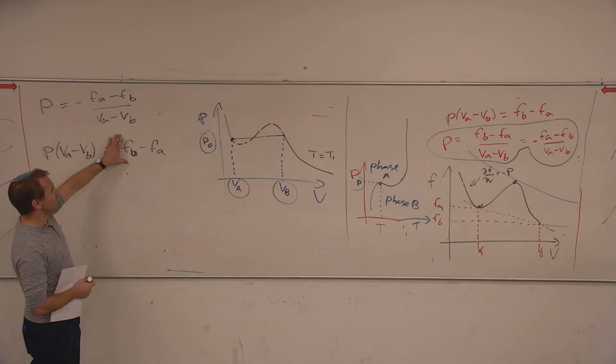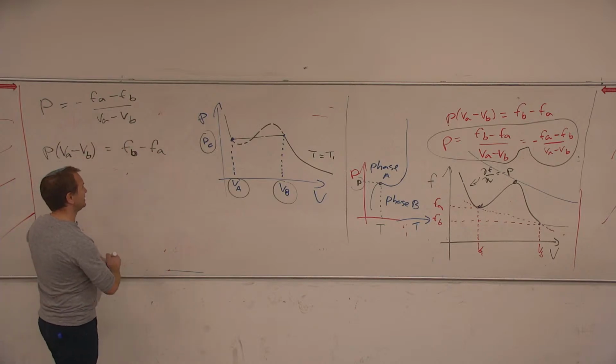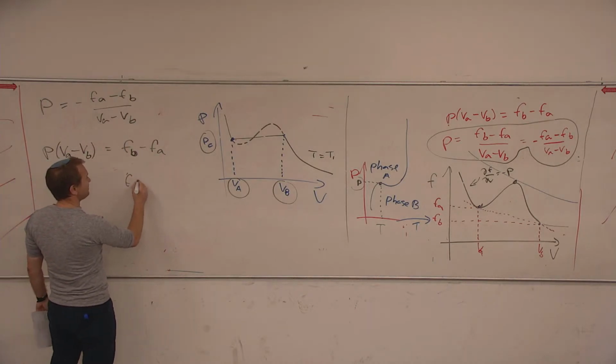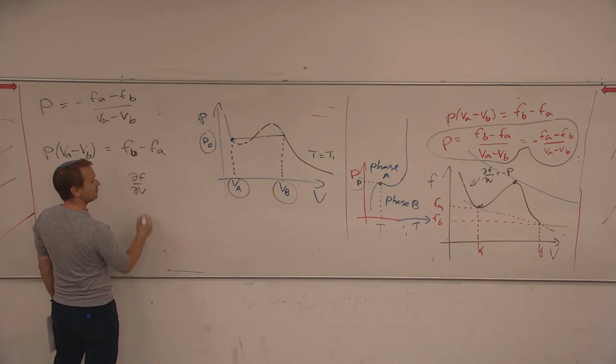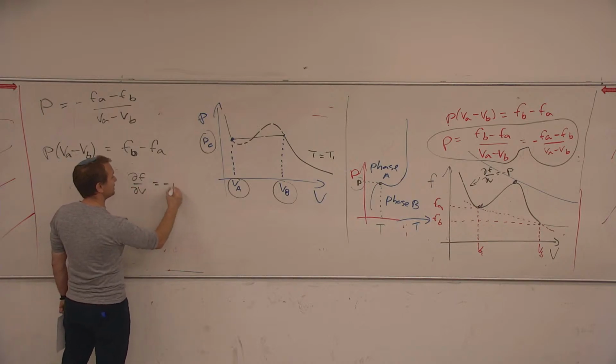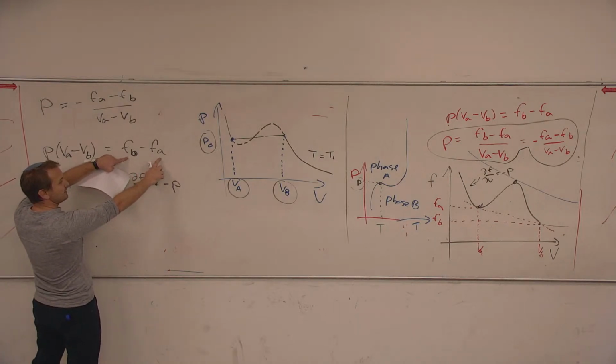What do we have on the right hand side? What do we have on the right hand side? So remember, what is F? Or what is dF over dV? Minus P. Okay? So dF over dV is minus P. So what stands on the right hand side?